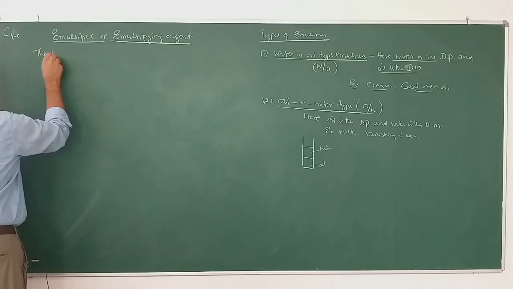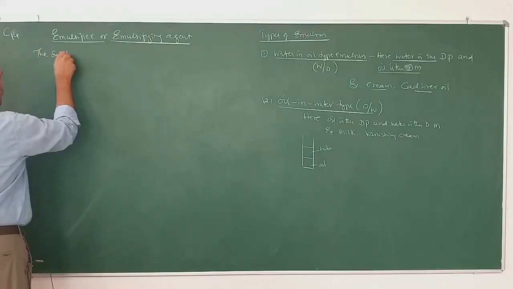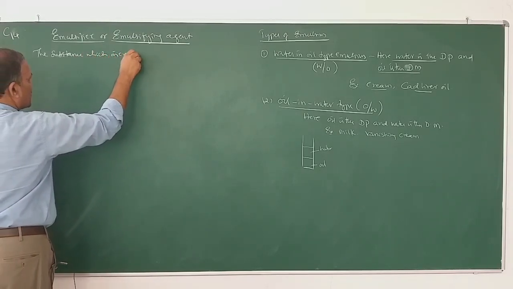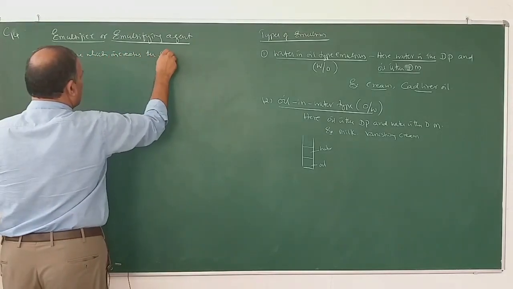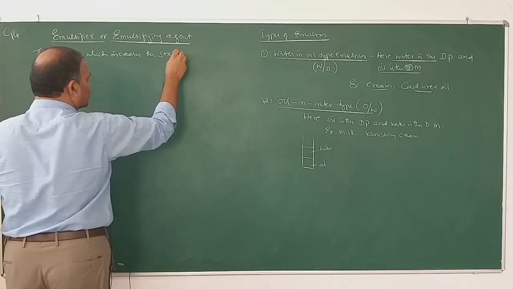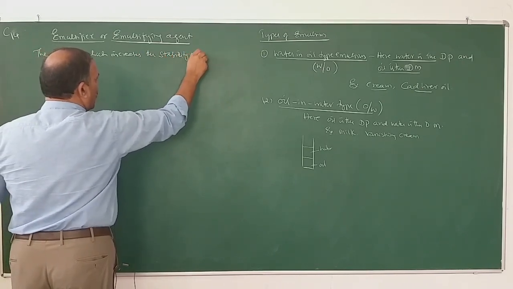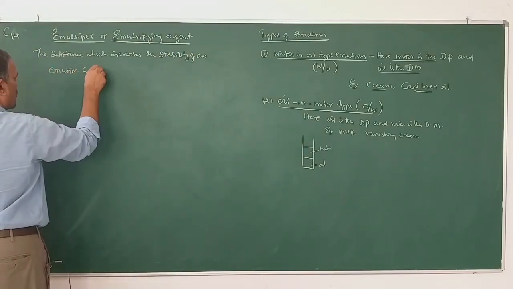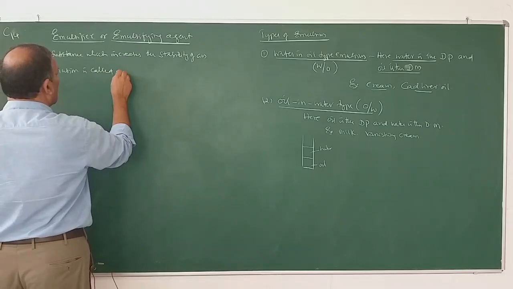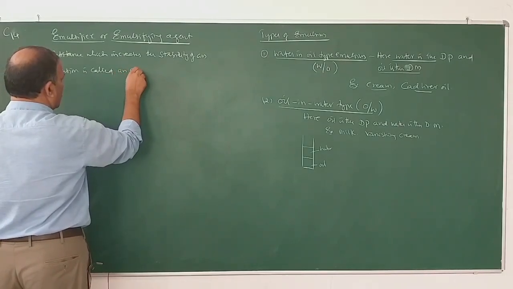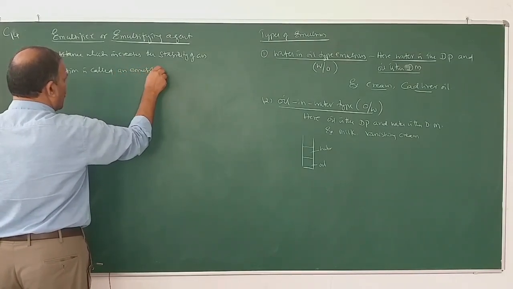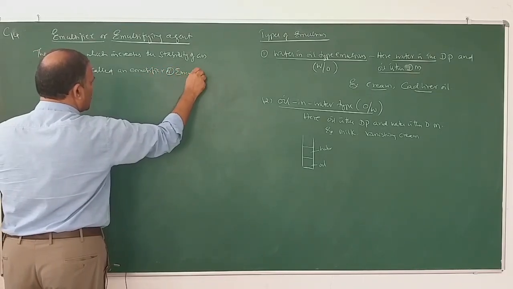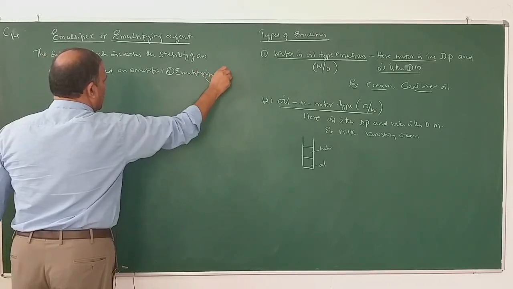The substance which increases the stability of an emulsion is called an emulsifier or emulsifying agent.